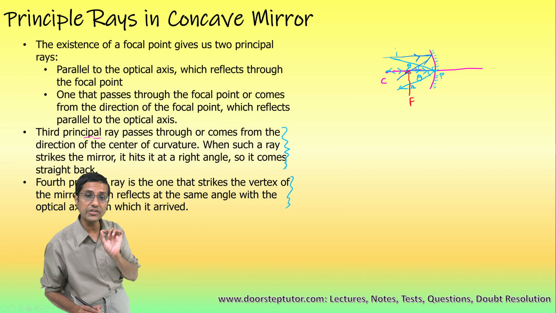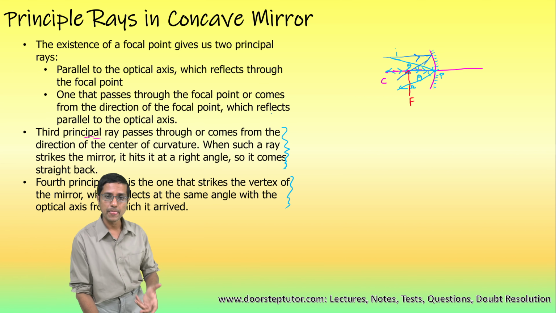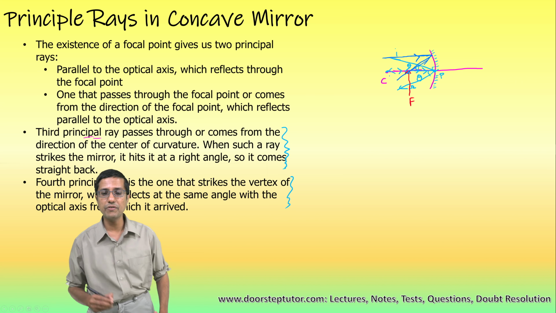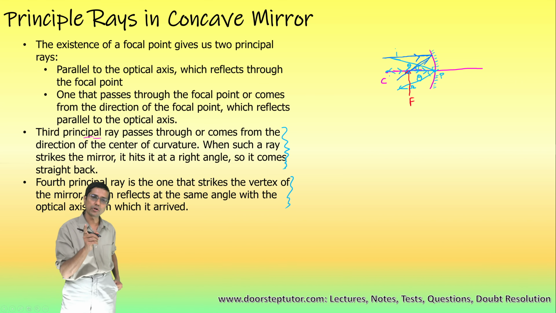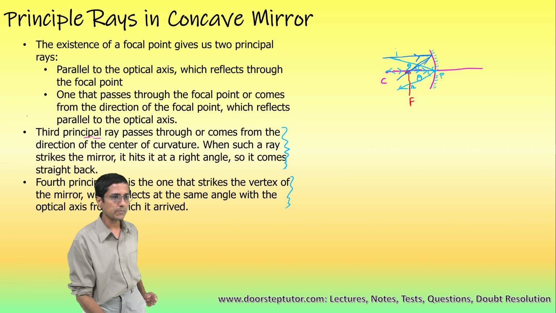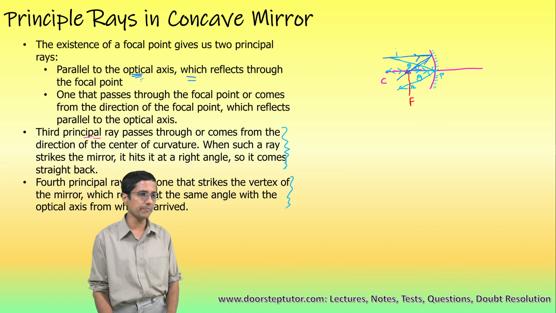That is the definition of the focus. Rays from infinity converge at a point when they are reflected from the mirror, convex or concave, and that point is known as the focus. So by definition, if I trace a ray from infinity, it will pass through this point F, the focus, on the principal axis. Optical axis or principal axis is one and the same thing.